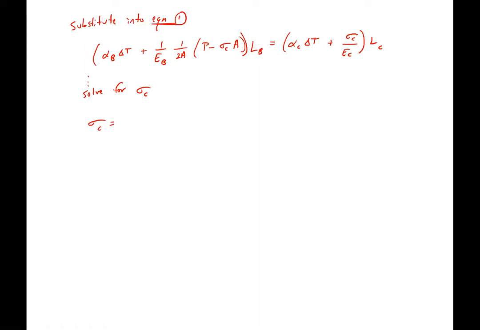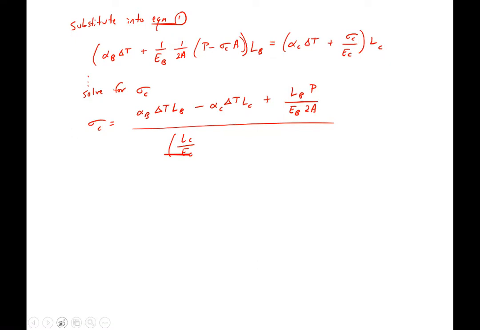So sigma C is equal to alpha B delta T LB minus alpha C delta T LC plus LB P over EB 2A, and then all of that over LC over EC, again, that crazy line, plus LB over 2EB.